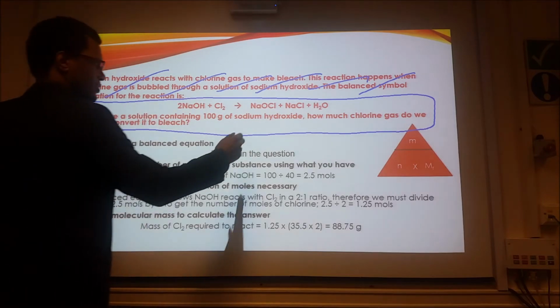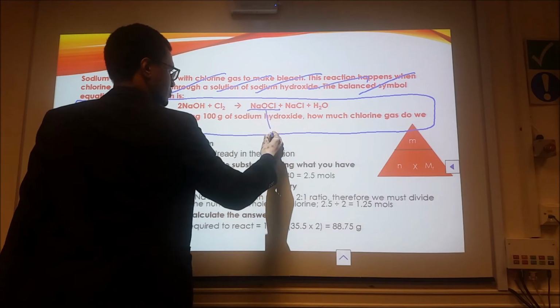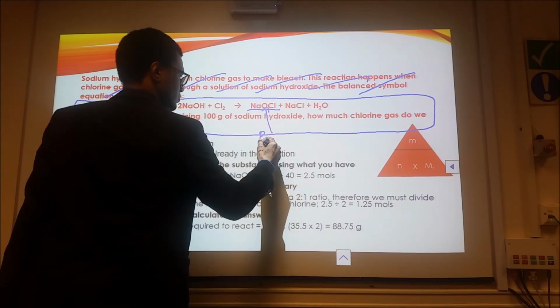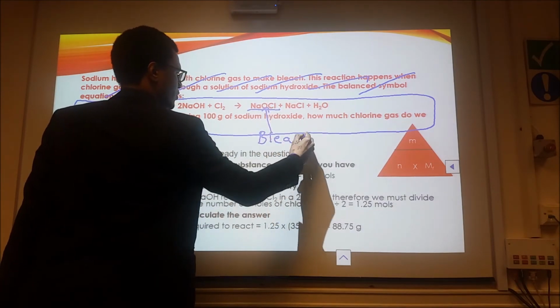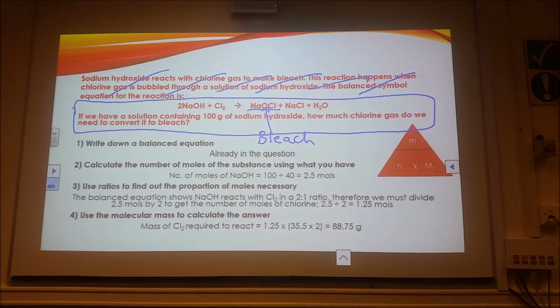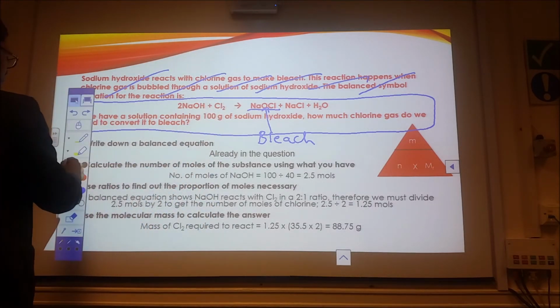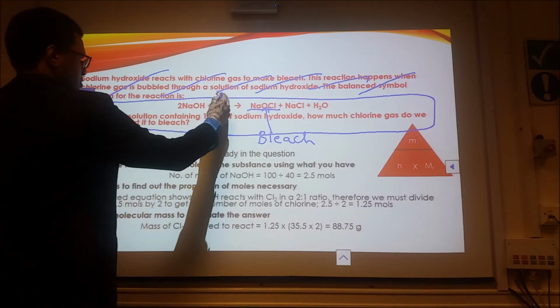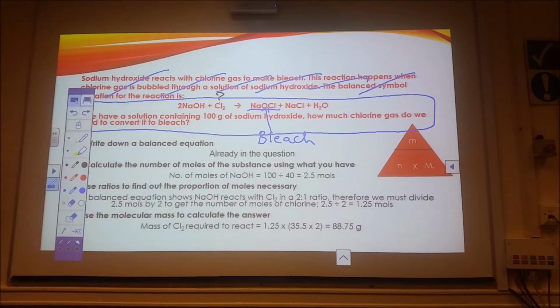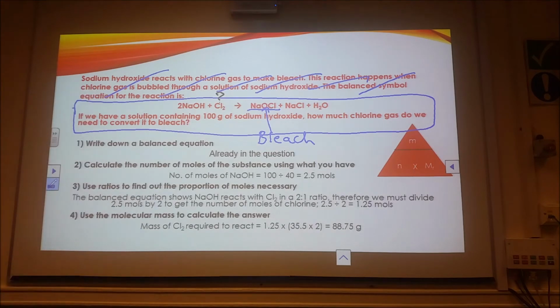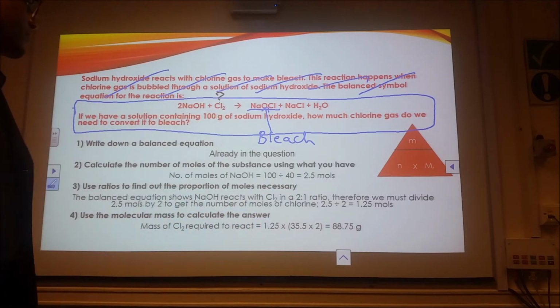There is our bleach. Now, we need to find how much chlorine gas we need to convert it to bleach if we have 100 grams of sodium hydroxide.